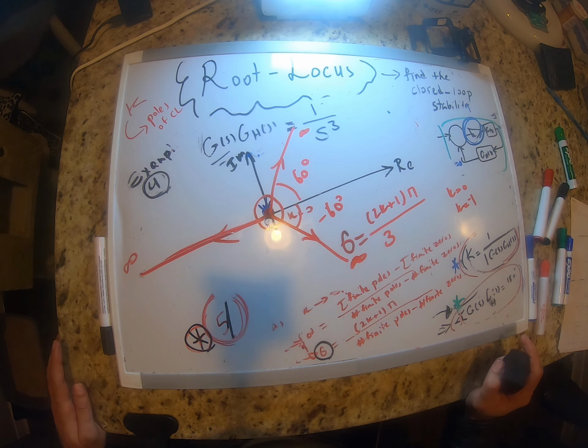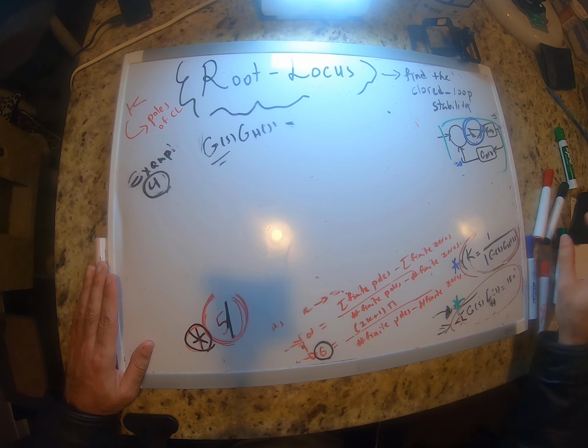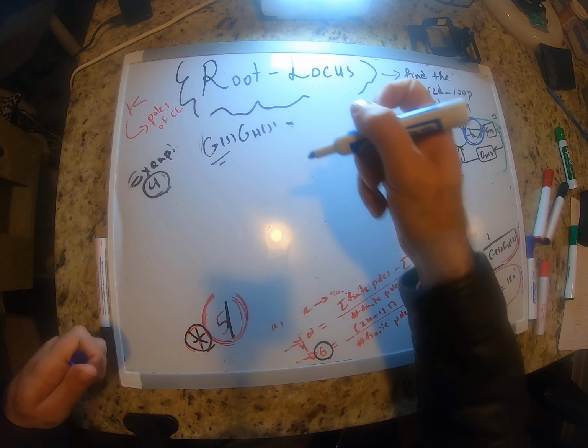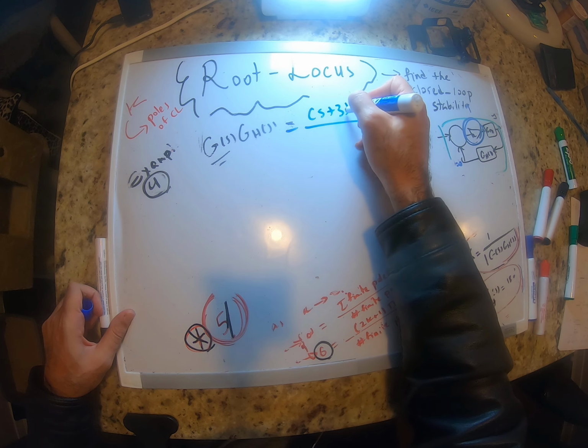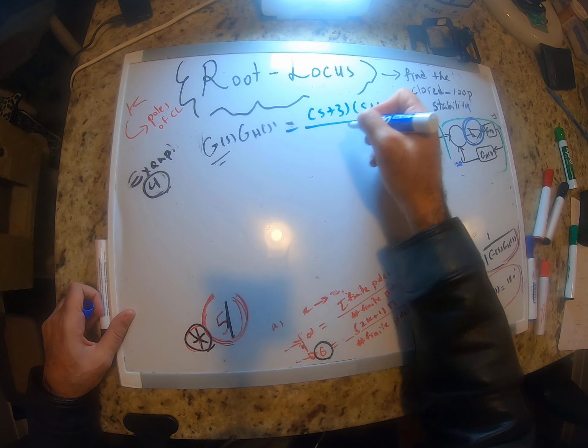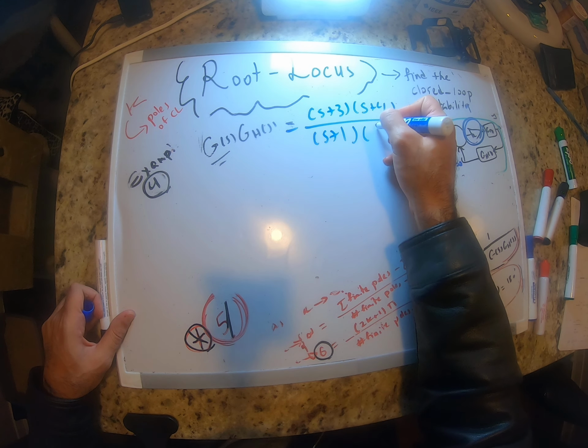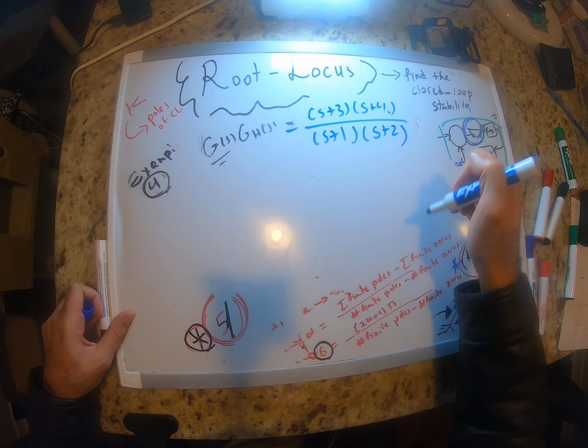Actually, I think I have one more example, so let's just do one more example. The more the merrier, right? This one is going to be (s plus 3)(s plus 4) over (s plus 1)(s plus 2).